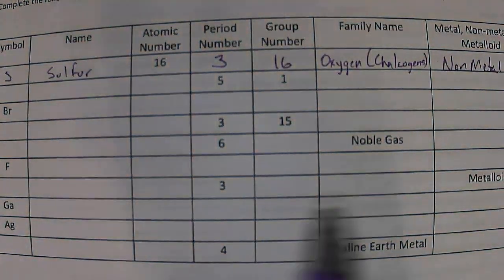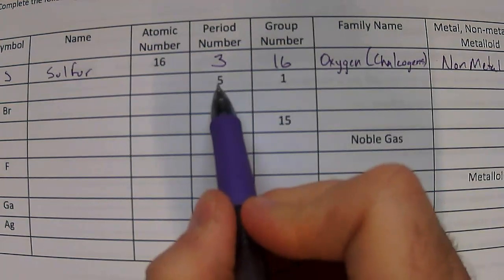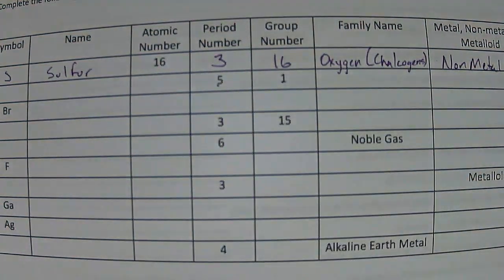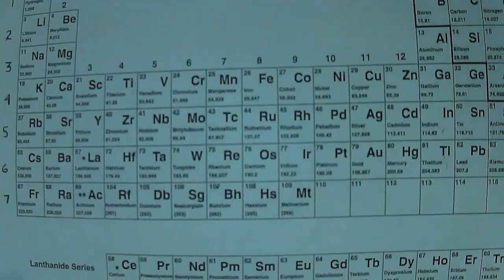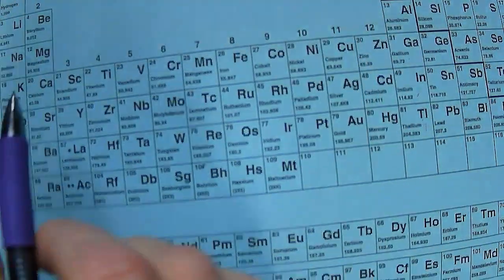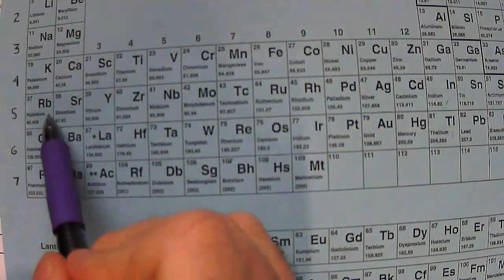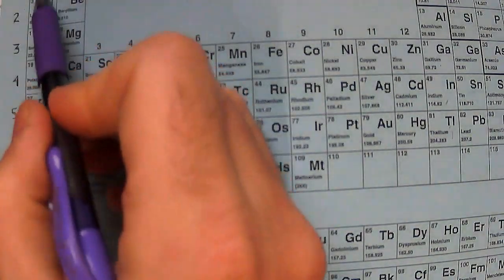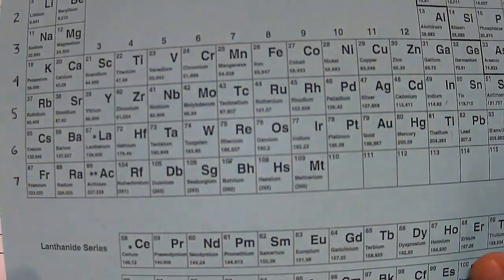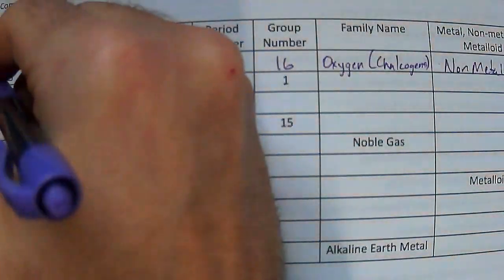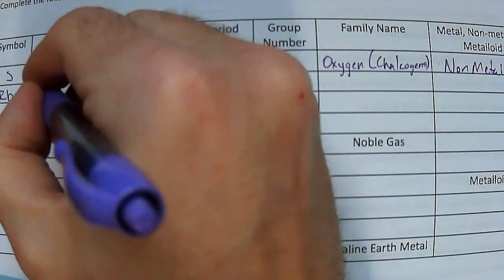Now period 5, group number 1. So now we're going the other way. Period 5, 1, 2, 3, make sure you can see the numbers here. For 5, group number 1 is the first group, so that's Rb, which is rubidium.